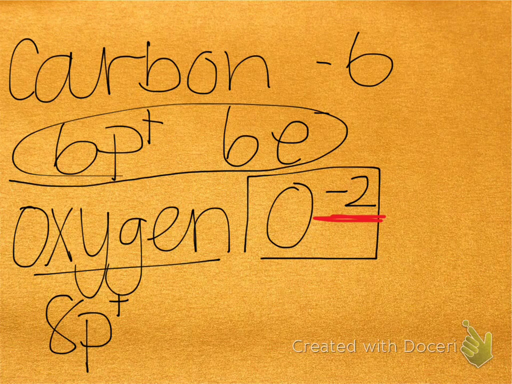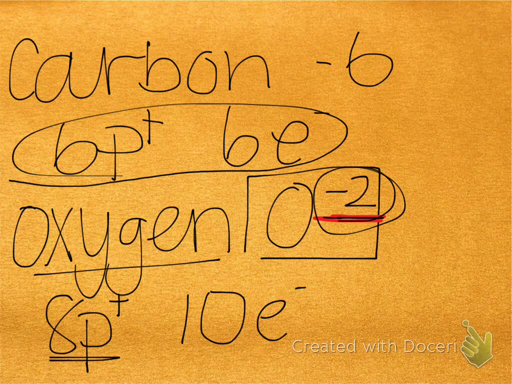Now, if our overall charge is -2, that means that we have more negatives than we do positives because the overall charge is negative. And how many more? We have 2 more. So from my 8 protons, now I have 10 electrons.